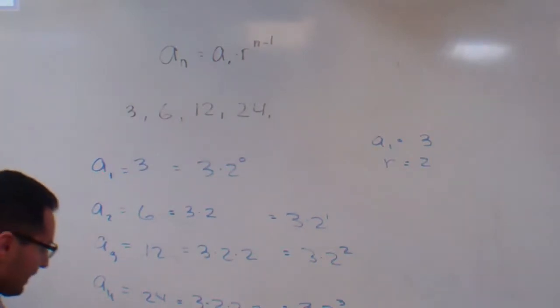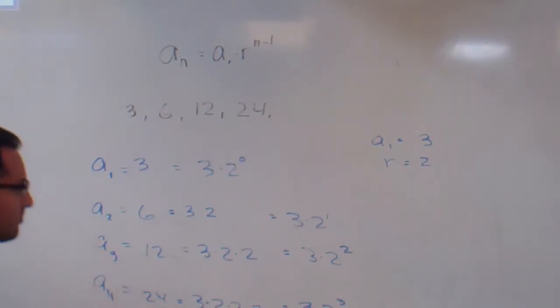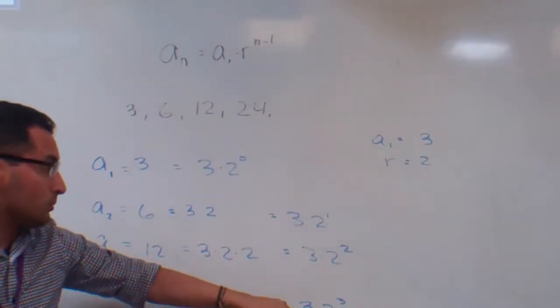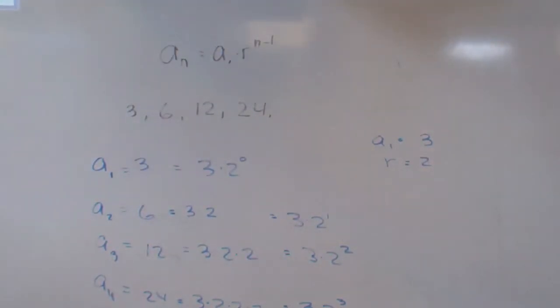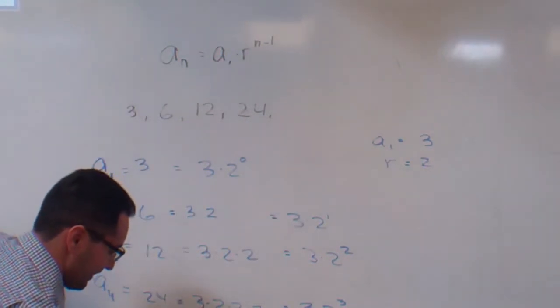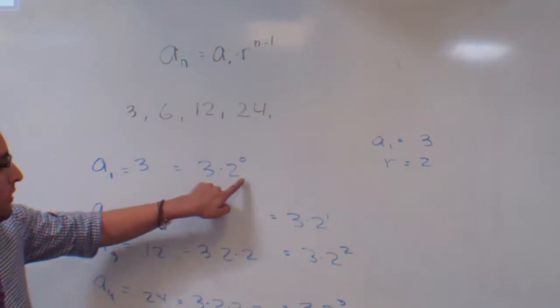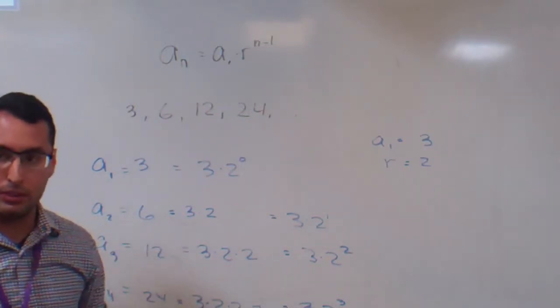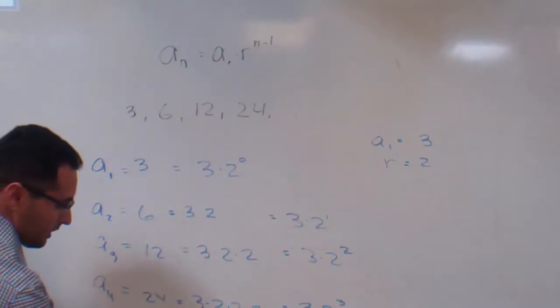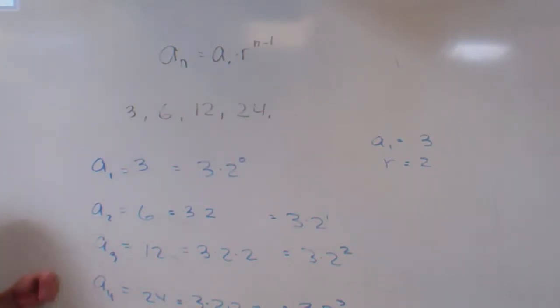So the actual formula here: notice how all these things started with a 3. What was represented by our 3? A sub 1. Notice how all these things have bases of 2. What was represented by 2? R, the common ratio. That was the pattern. And notice the exponent.